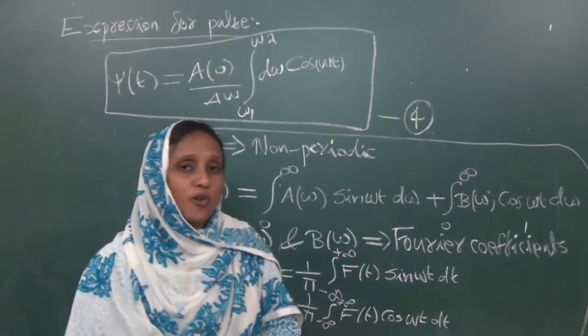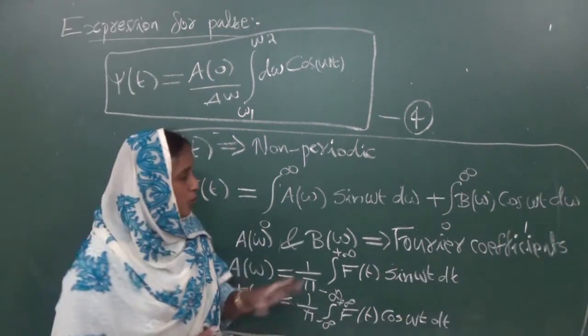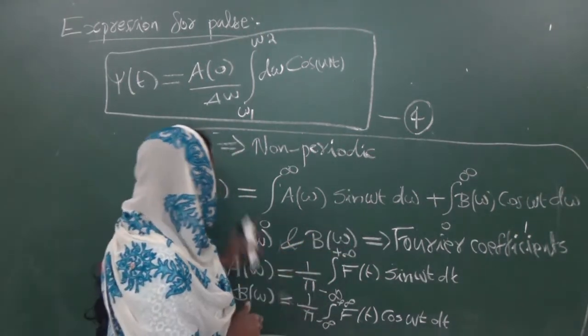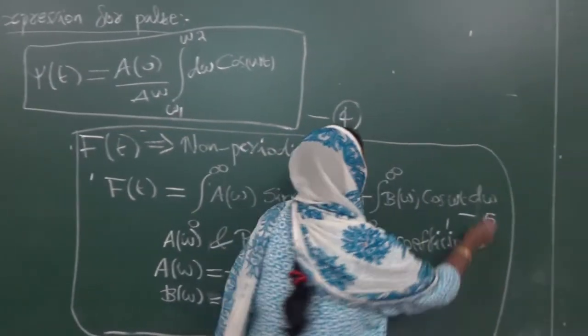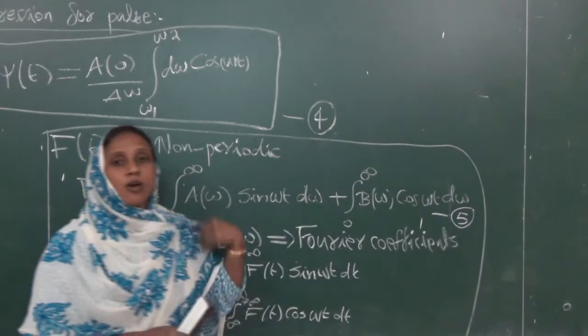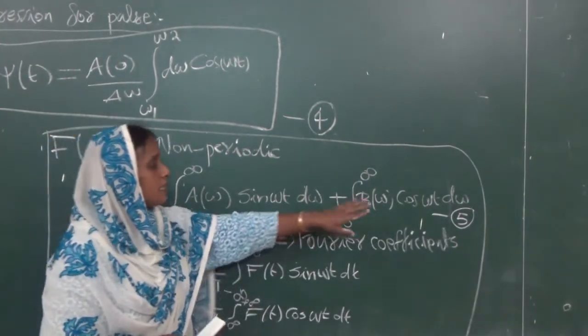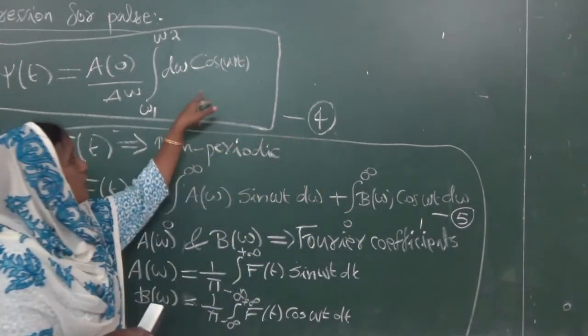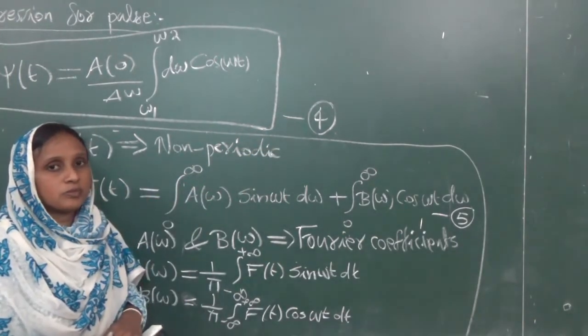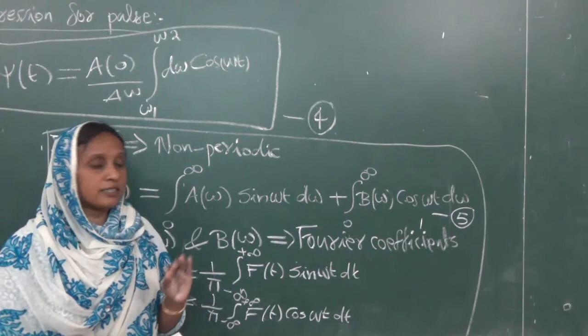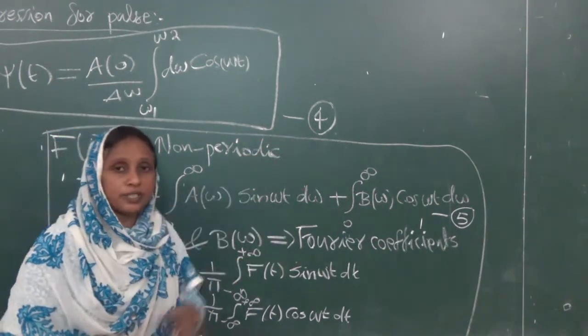Now, what is the role of this integral here? You can just check this expression. Suppose this equation is equation 5, our Fourier integral. Now, you can compare this equation with our equation for the pulse, equation 4. Any similarity in these two equations?